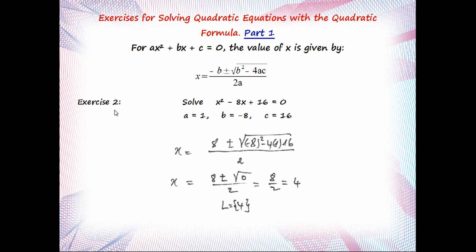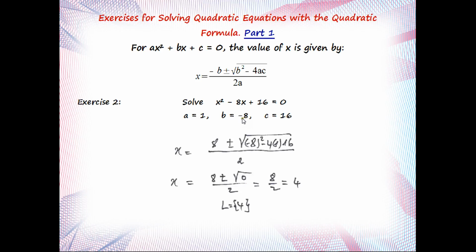Exercise 2. Solve x² − 8x + 16 = 0. In this case, a = 1, b = −8, c = 16. Now we use the quadratic formula above, then we get x equals negative b.